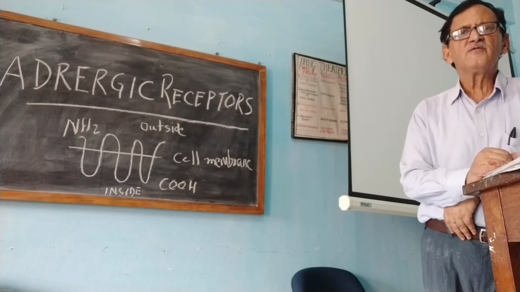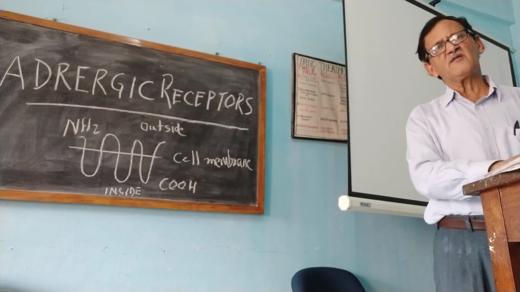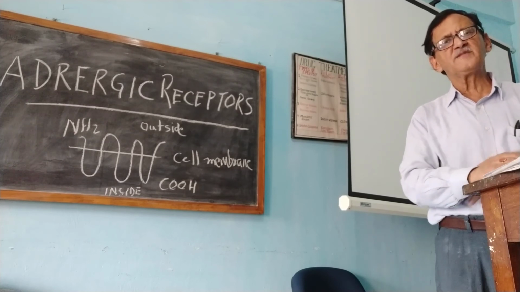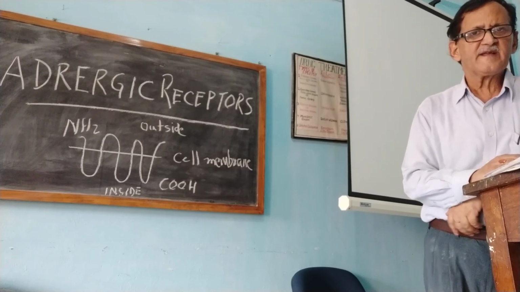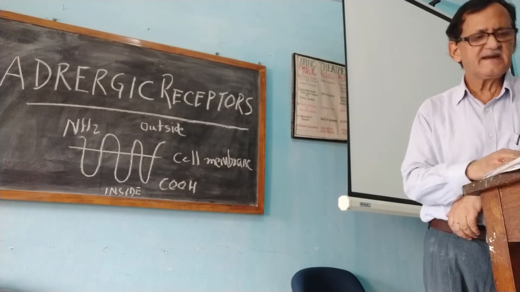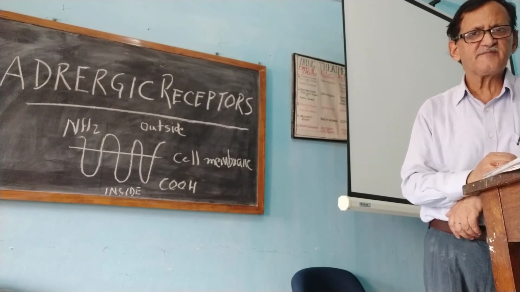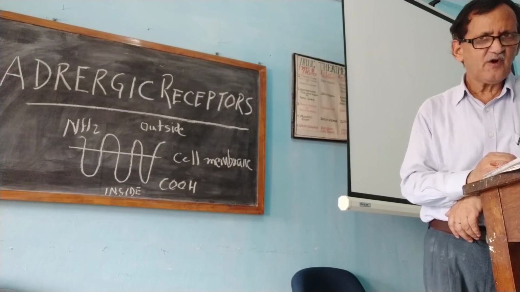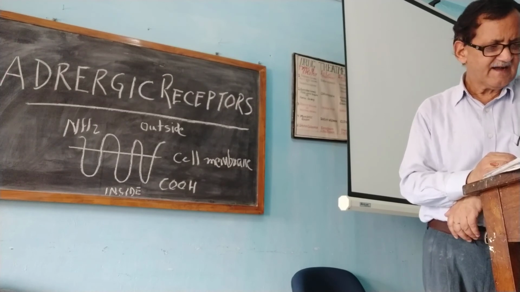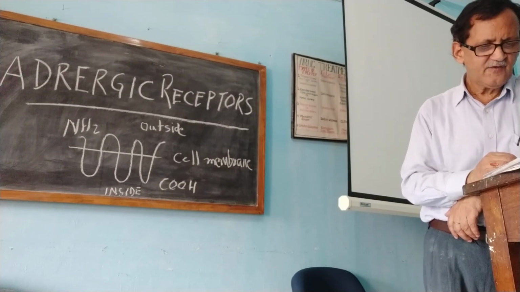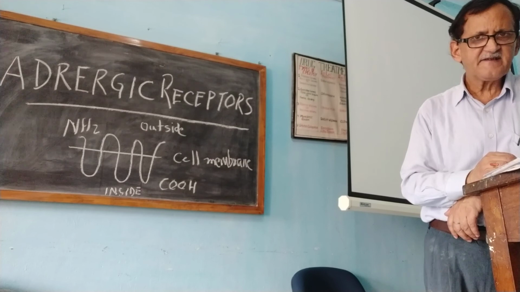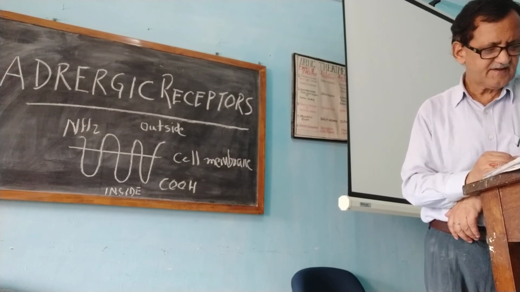In addition to these receptors like alpha 1, alpha 2, beta 1, beta 2, beta 3, and dopamine receptors like D1 and D2, there are other autonomic neurotransmitters present. Apart from acetylcholine and noradrenaline, other chemical agents like ATP, adenosine, eicosanoids, nitric oxide and peptides, they modulate neurotransmission.